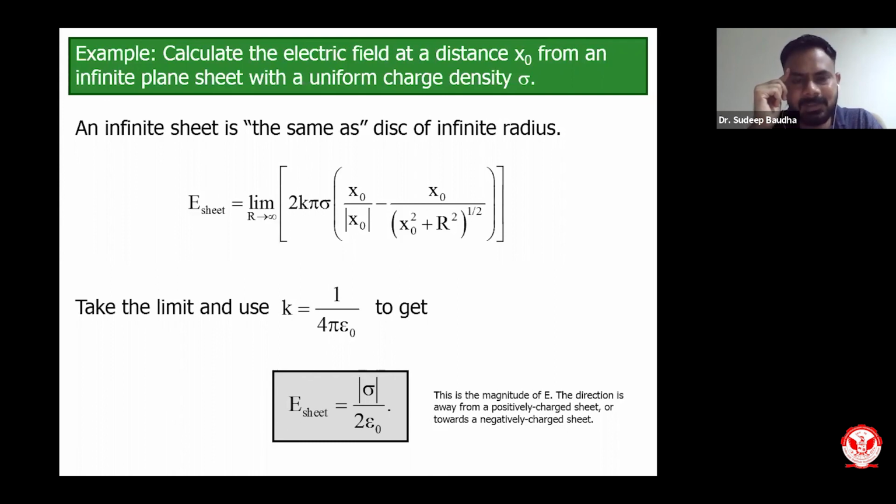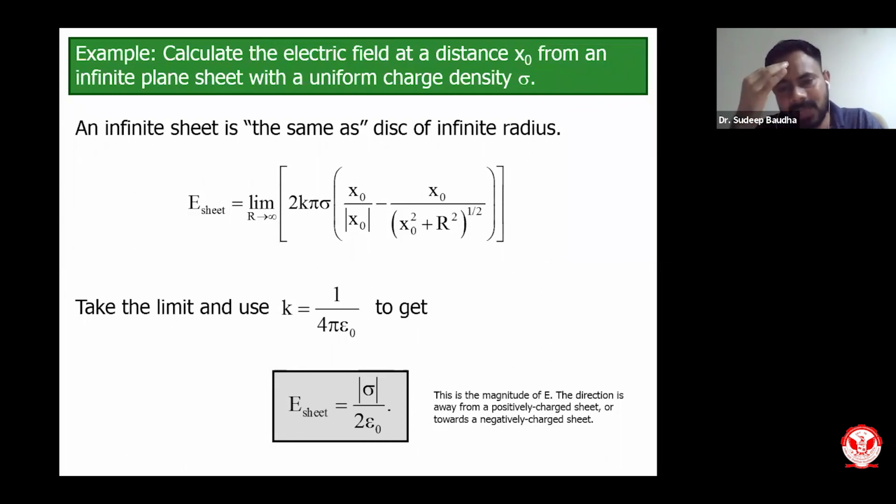So the electric field at some point x naught will be found in terms of the charge density of that particular sheet and 2 epsilon naught, where epsilon naught is the permittivity of the medium. So please think about it.